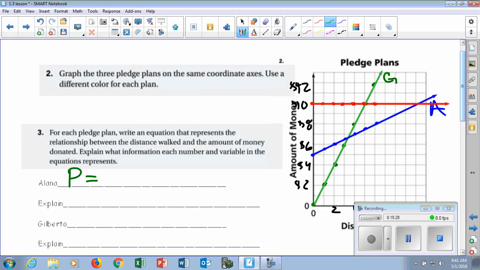For Elena, what type of equation can we create to show us what our table and what this line means, and even the description they gave us on the front page? Anthony, Marisi, can you help me with this? What kind of equation can we create? P equals what for Elena?